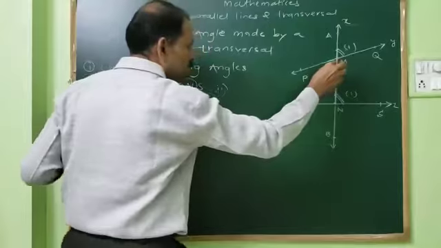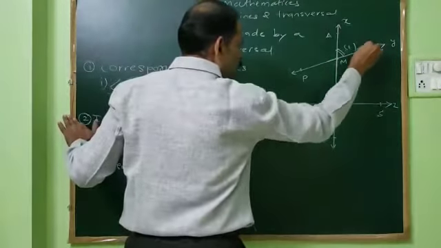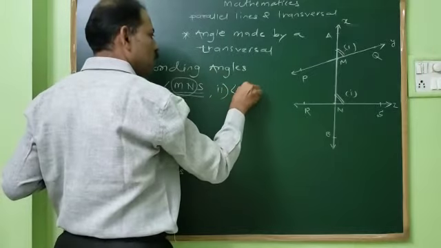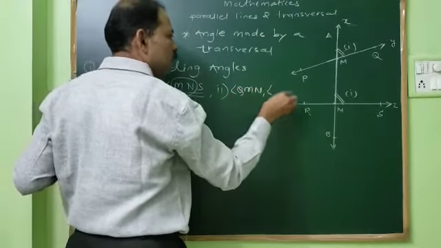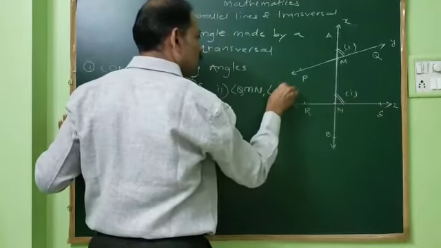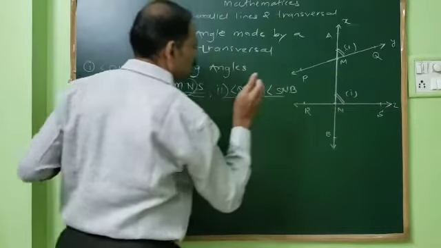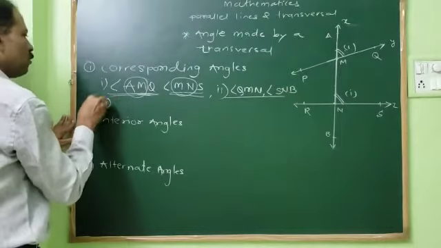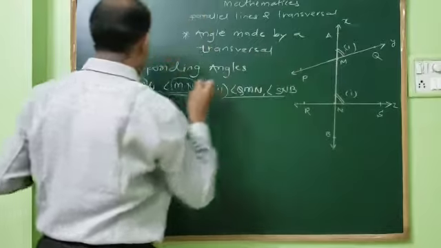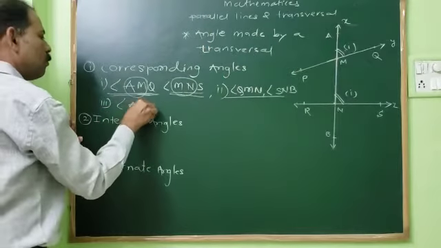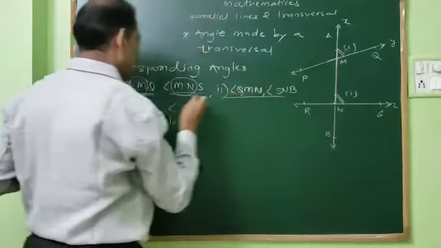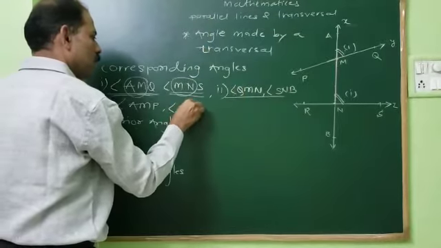The second pair is angle QMN, and its pair is SNB. This is the second pair. Now the third pair of corresponding angles is angle AMP, and its pair is angle MNR.